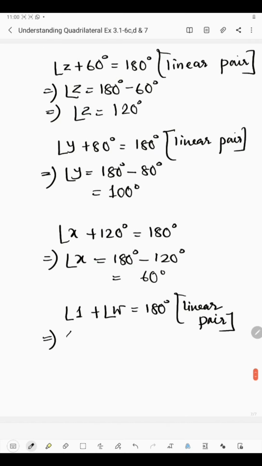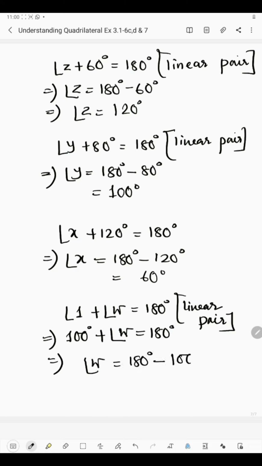So 100 degree plus w is equal to 180. So the value of w will be 180 minus 100. So 0 minus 0, 0, here 8 minus 0 is 8. So it's 80 degree.